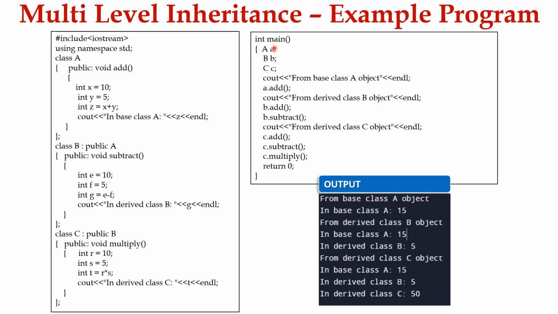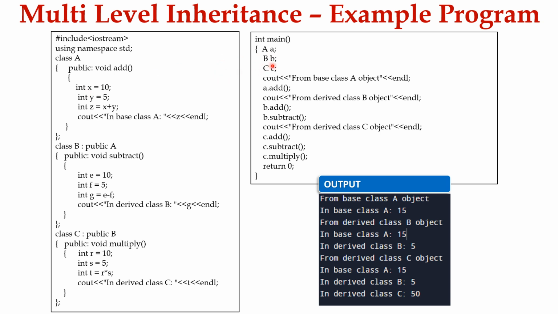In main function, we have created the objects small a, small b, and small c for the classes capital A, capital B, and capital C respectively. Using the object of class A, we can access the function which is available in class A alone.